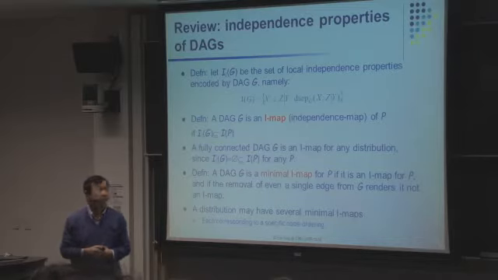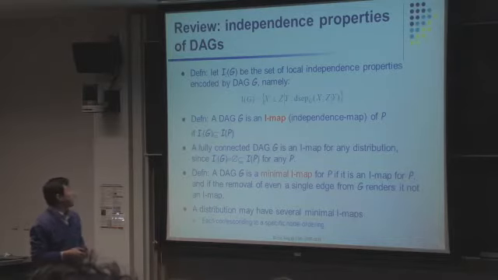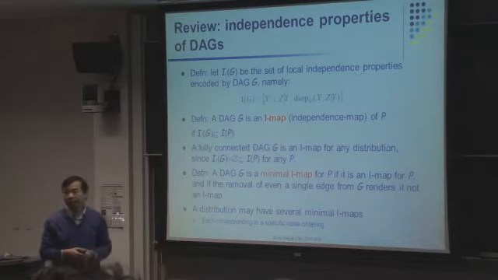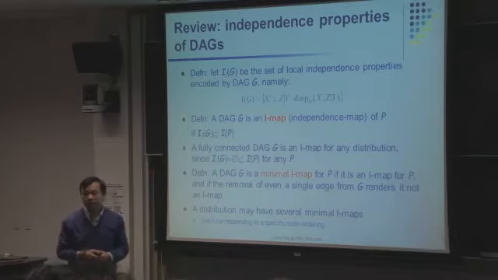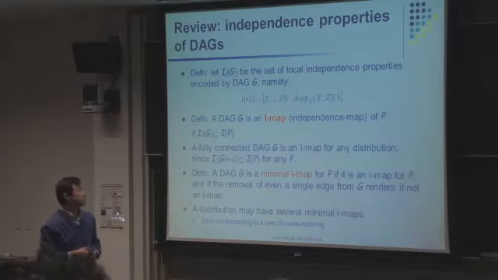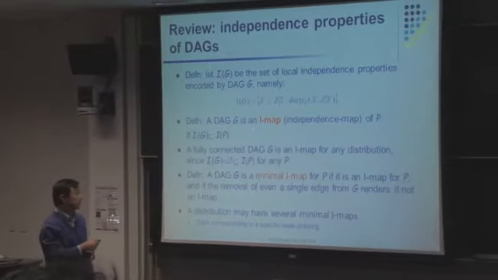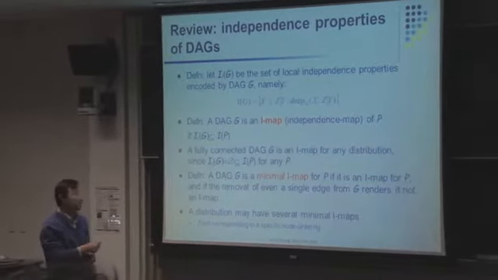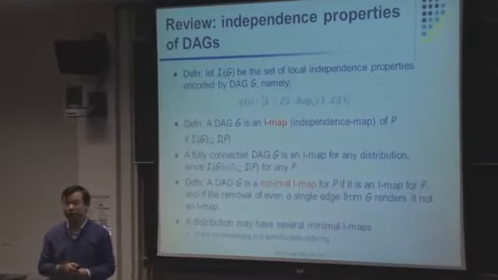ancestral graph, right? And also we defined another more rigorous correspondence between a graph and a distribution, which is called an I-map. Basically, a graph is an I-map of a distribution if the independencies encoded in the graph are always a subset of the independencies in the distribution.